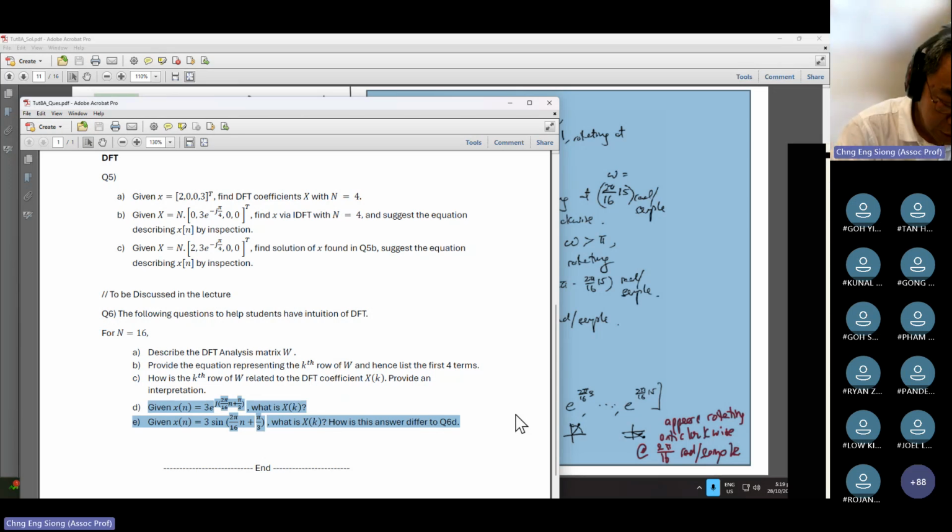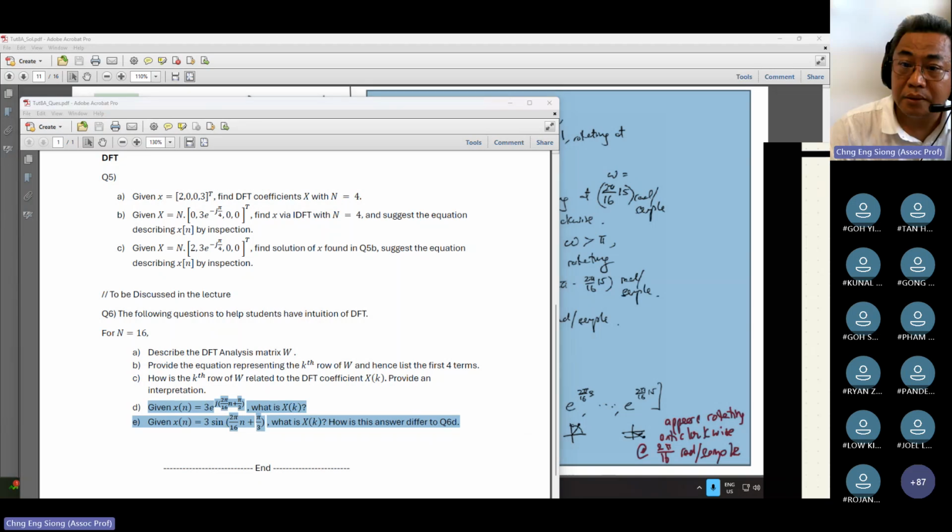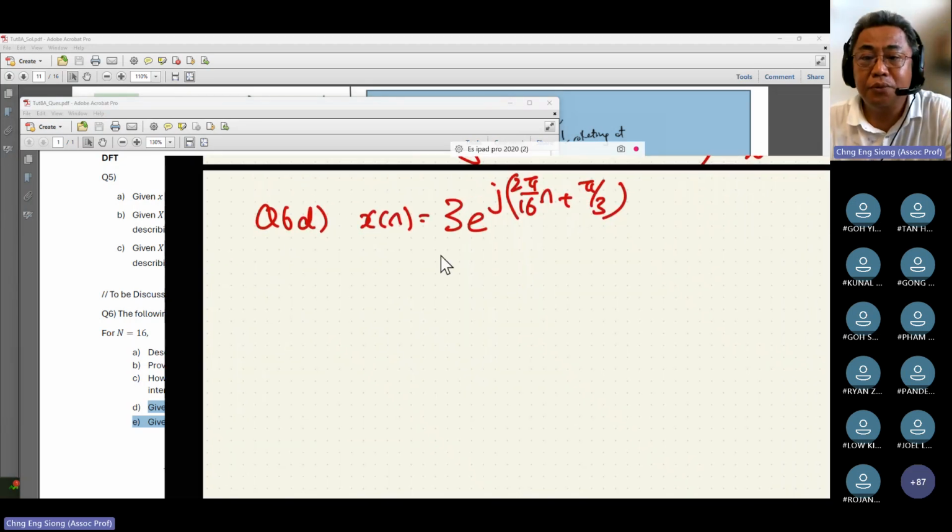Question 6D. Small n equals 3e^(j(2 pi over 16 n plus pi over 3)). All right. Guys, please be careful with the brackets. This J brackets everything here.